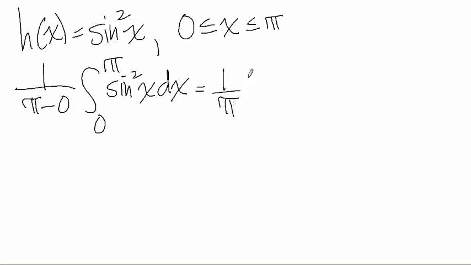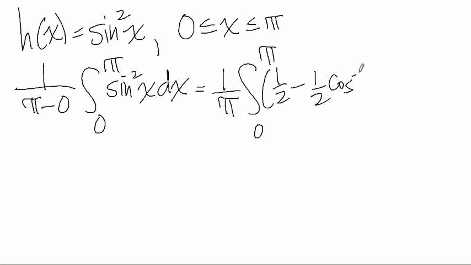All right. However, you may remember from trigonometry that that's equal to 1/2 minus 1/2 times the cosine of 2x. Okay, so you can happily go ahead and calculate the integral, the expression on the right side of that equation, and that would give you the necessary answer.